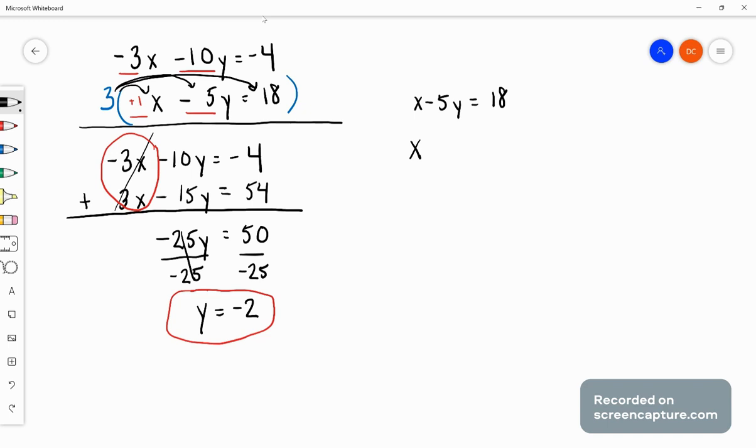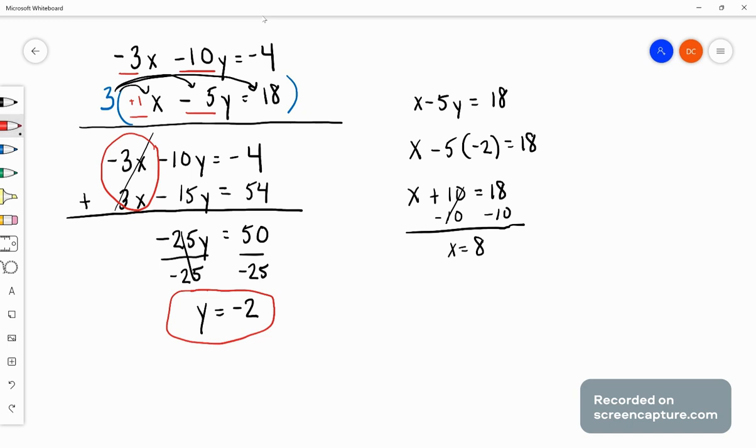So x minus 5 times negative 2, that's what our y was, equals 18. So negative 5 times a negative 2 is a positive 10, so we have x plus 10 equals 18. We're going to subtract 10 on both sides, and so we get that x equals a positive 8.